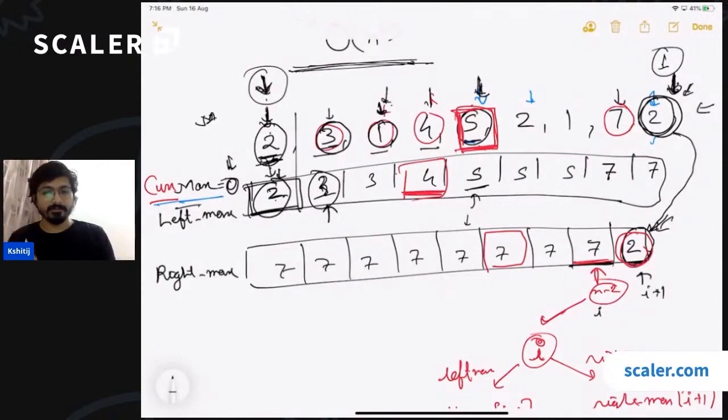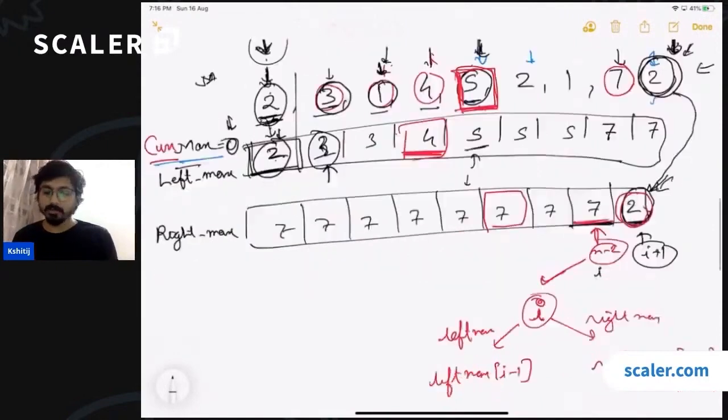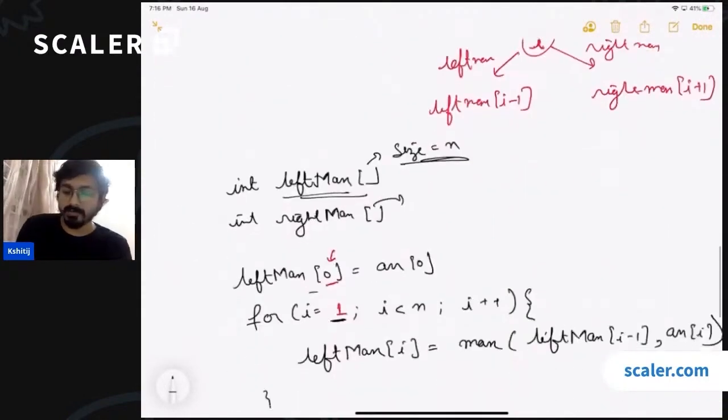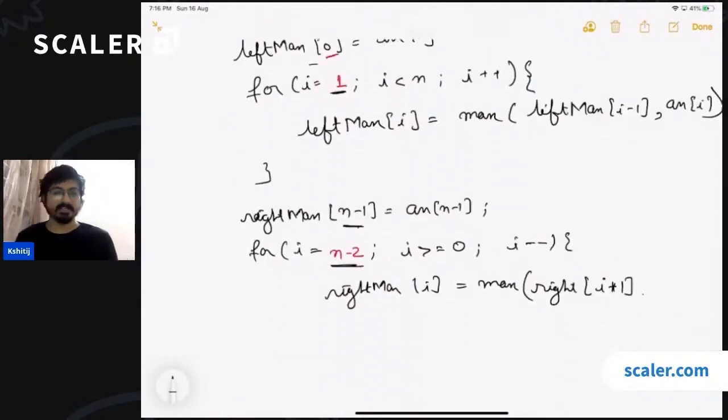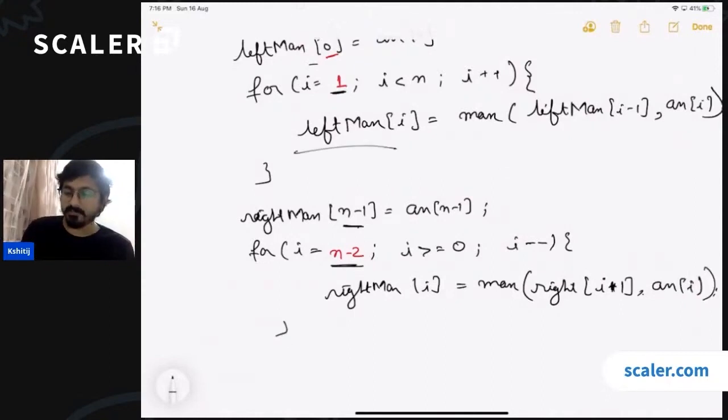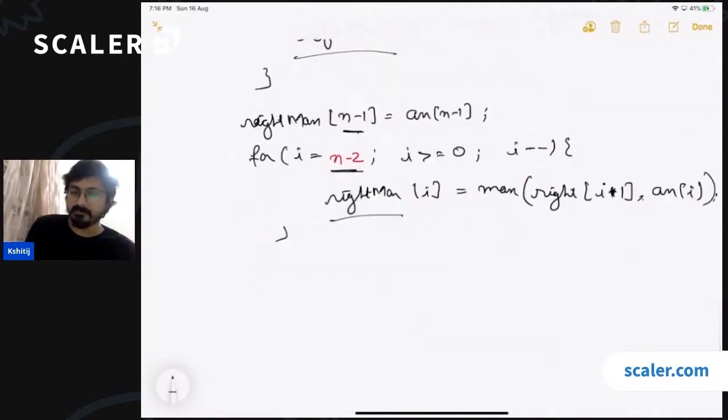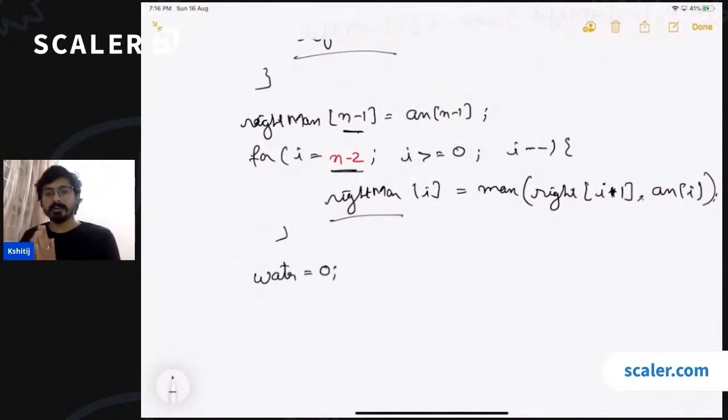Now we just have to run a single loop to calculate the total amount of water trapped. You can have a variable water initialized with 0, and now we can run a loop that should run for each and every height. We'll start from I equals 0, less than n, incrementing I by 1, and keep adding the amount of water trapped over each and every bar in this variable.